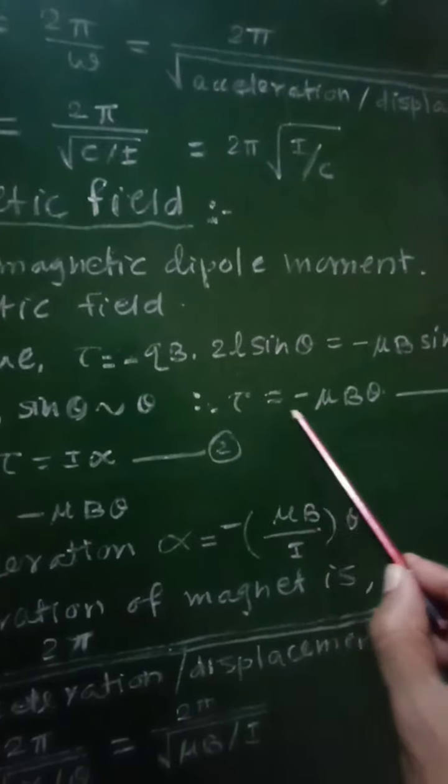Now if I represents the moment of inertia of that magnet, because that magnet is set into rotational motion, and therefore about the axis of rotation it will possess some moment of inertia I, the torque acting will be equal to I alpha. So this will be the externally applied torque, and this will be the restoring torque, equation number 2.